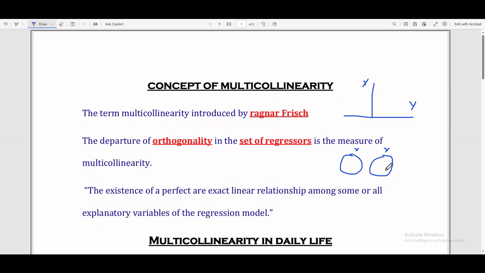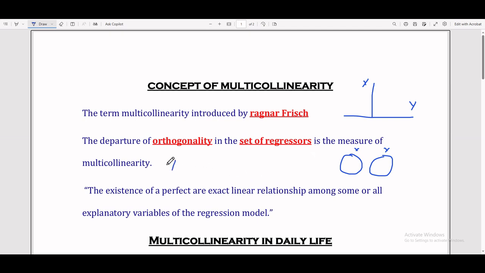Remember that if two variables have no correlation or no point in common, then these two variables are called orthogonal in the statistics sense. So the departure of orthogonality in the set of regressors is the measure of multicollinearity.